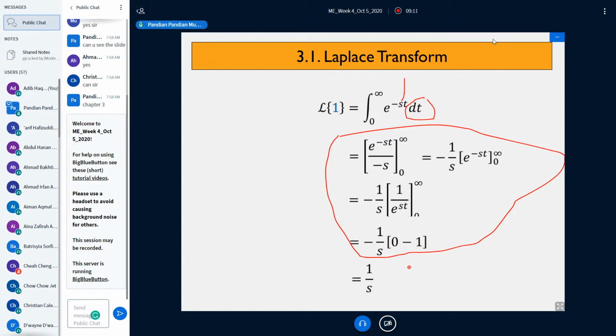So minus minus cancel off. We need this answer, 1 over s. So what is 1 over s? It is Laplace of 1. So now you created Laplace of 1, and this becomes a standard formula. Next time you just memorize this, that is enough. Laplace of 1 is 1 over s.